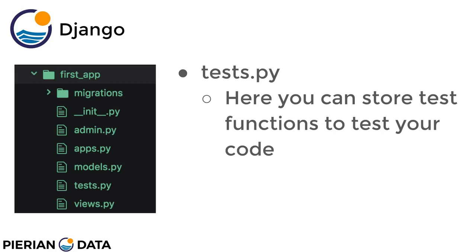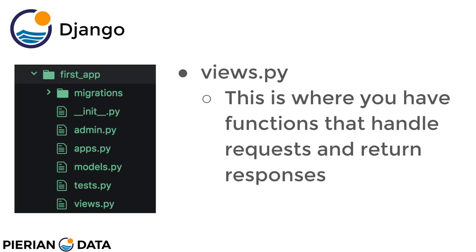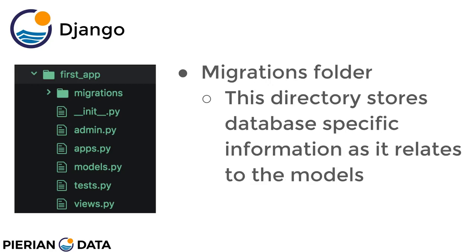Then we have the tests.py file, and this is where you can store a series of functions to test out your application's code. Then we have views.py, which is where you can store a series of functions that handle requests and return responses. Then finally we have that migrations directory or migrations folder. And this directory stores database-specific information as it relates to the models.